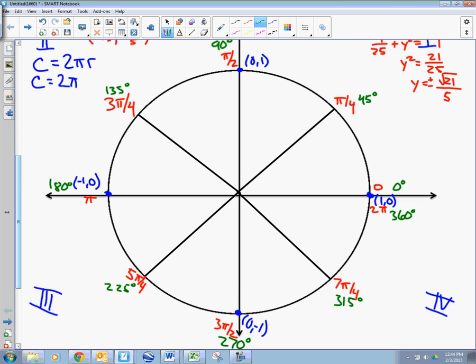Oh, interesting. What kind of triangles did I teach you about yesterday? 30, 60, 90, and 45, 45, 90. So you see the 45s. Let's also learn about the 30, 60, 90s.